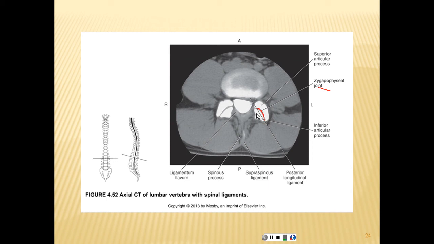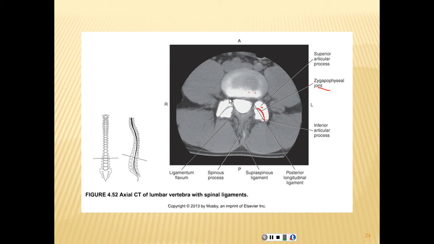This is the inferior vertebra, and this is the superior articular process of the inferior vertebra. So this piece of bone is not attached to this vertebra at all. This is attached to the vertebra underneath of this vertebra. This piece of bone is attached to this vertebra, and both of them come together to form the zygapophyseal joint.